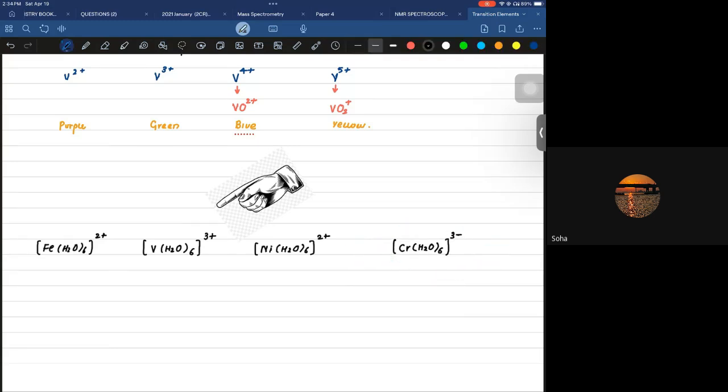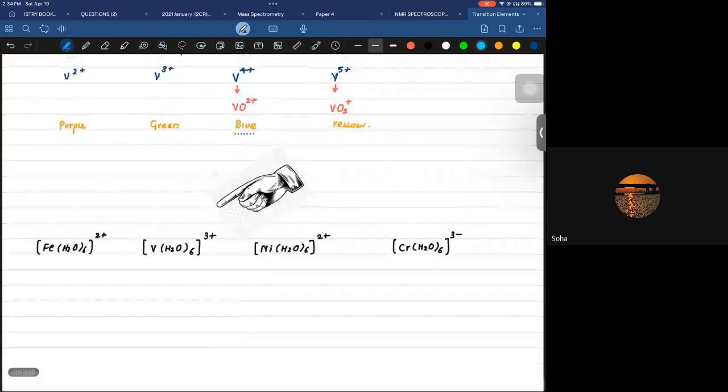These are the four complexes that give a green solution. Remember.